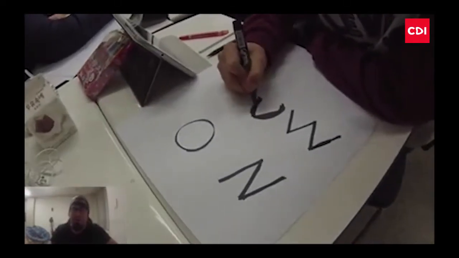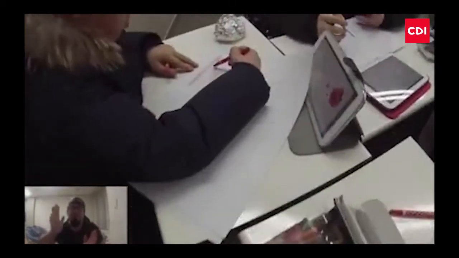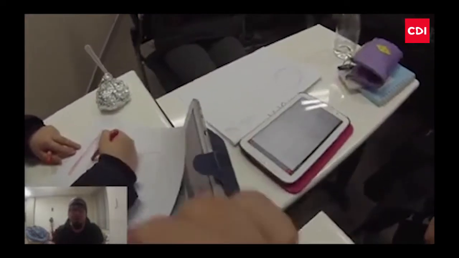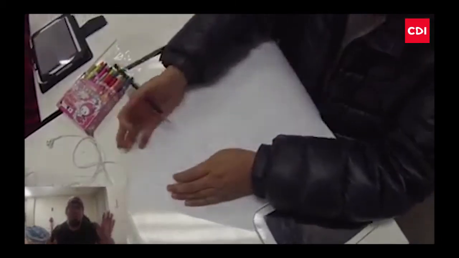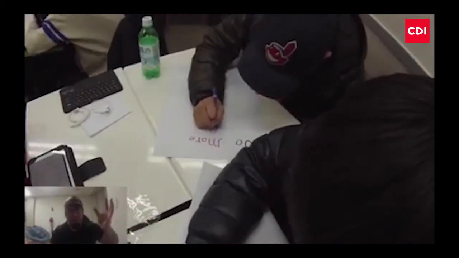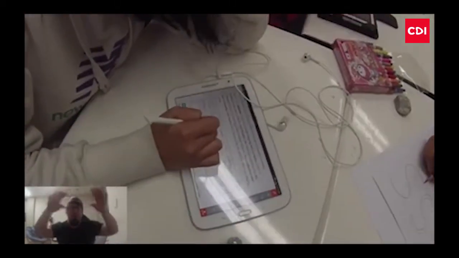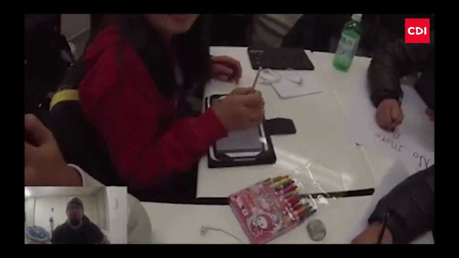They create 2 pieces of paper. One side is their message, however they want to write it, using whatever colors they want. Then there's a second piece of paper, and they do the same thing on one side. And I would staple it all around except for the bottom.